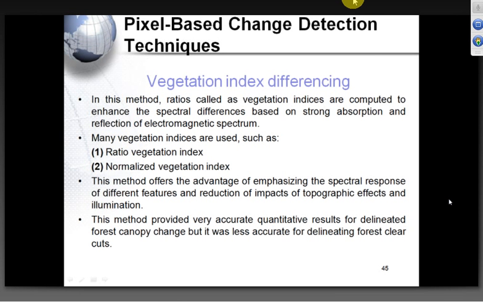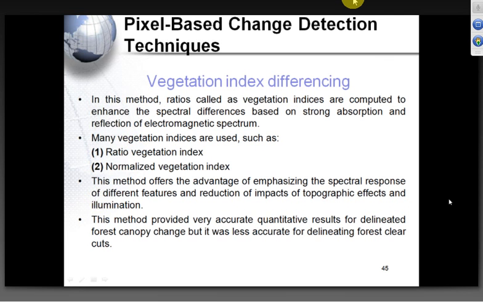Next one is vegetation index differencing. In this method, ratios called vegetation indices are computed to enhance the spectral differences based on strong absorption and reflection of the electromagnetic spectrum. These indices are the ratio vegetation index and the normalized vegetation index.